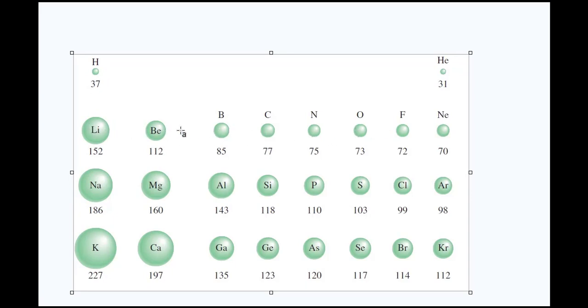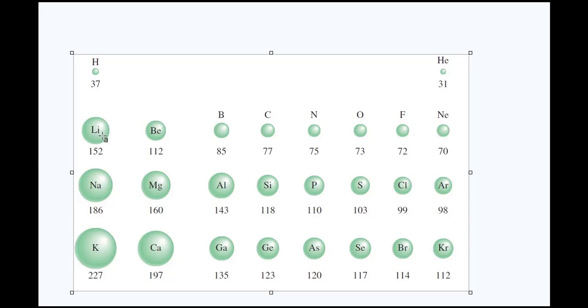Now notice, even though we're getting more electrons, here we have 3, 4, 5, and even in a p subshell with that weird shape, 6, 7, 8, 9, 10, the size of the atom gets smaller because of the protons in the center. These positive protons pull in on the electrons.